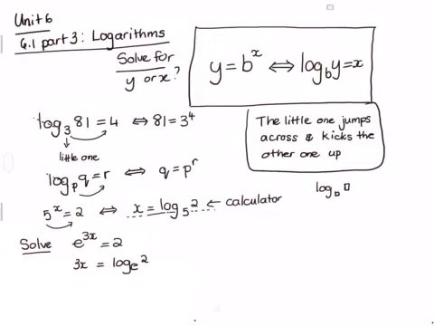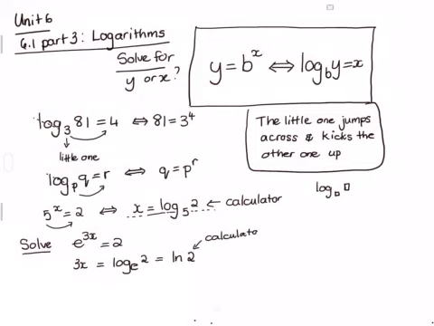But now here's some news for you. Log base e, remember we said e was the natural exponential function. So log base e is the natural logarithm. So we write it like that, and you do have a calculator button for that too.